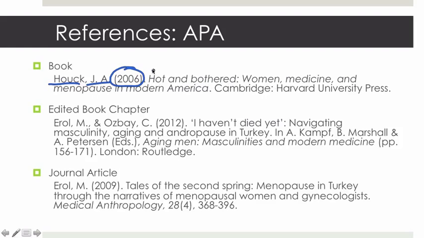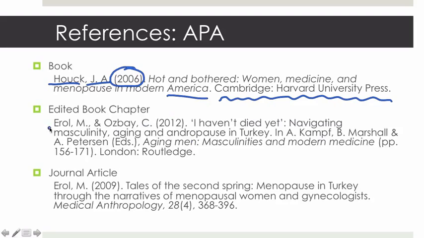You only capitalize the first one and the one that comes after the colon, which is a subtitle, and you also obviously capitalize the proper nouns, and then you give the publication information.